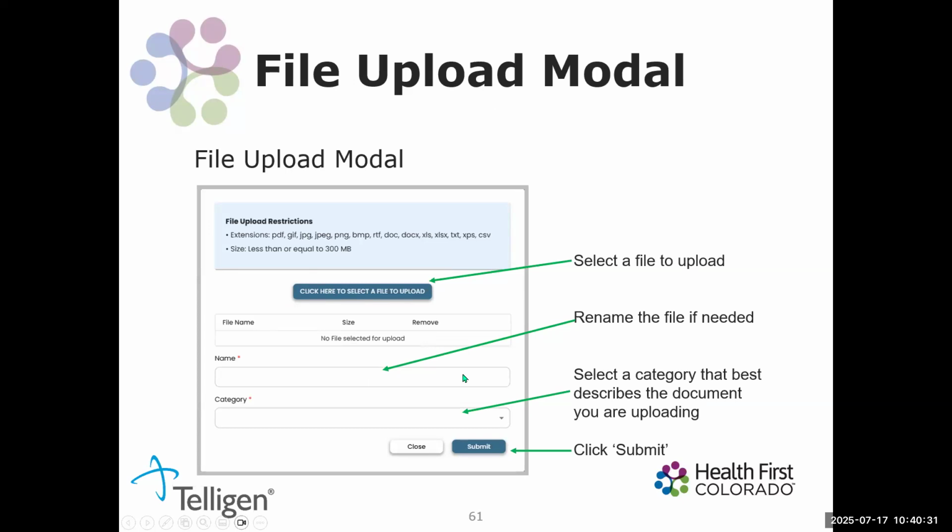If it's a name that you want to put more clarification in, or you got it from an EHR, or like what comes out of our system at times, it's alphabet soup, you want to put information regarding that file, you can change it here. Most people have it named something else when they insert it, but I wanted you just to know if you needed to rename it, you can. We also have categories here. You'll just select a category that best describes the document you're uploading. We have all of the potential documents that we would expect, as well as another category.